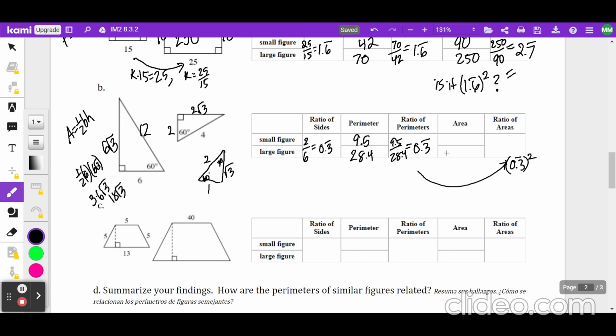That's for the large triangle, 18 root 3. For the small triangle, I have 1/2 times 2 times 2 root 3, which is 2 root 3.